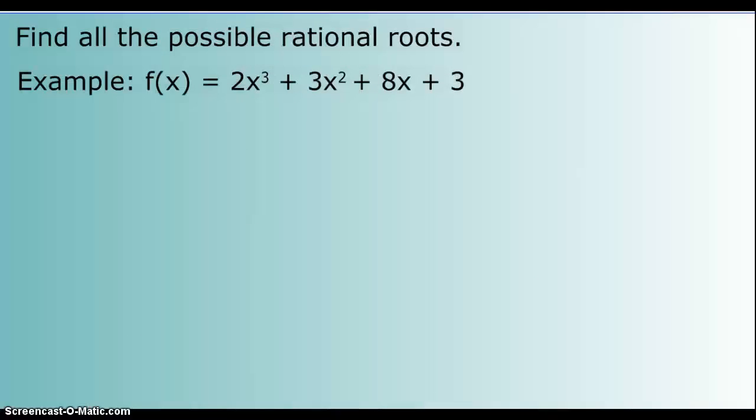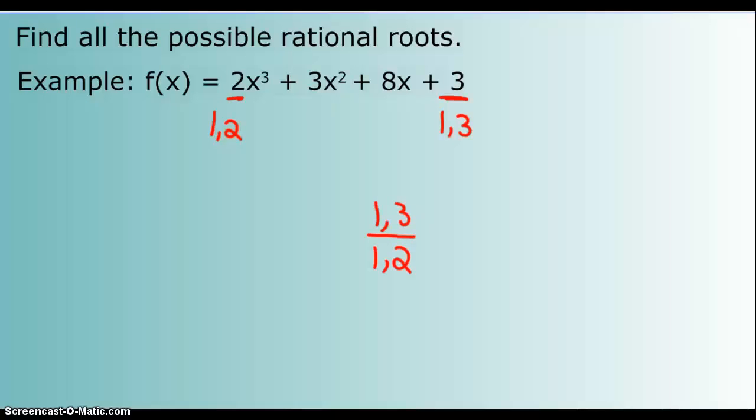So I start here, I identify my coefficient of 2, I identify my constant of 3. The factors of 2 are 1 and 2, always a good day, and the factors of 3 are 1 and 3. So the constant is going to go in the numerator, and the coefficient is going to go in the denominator.